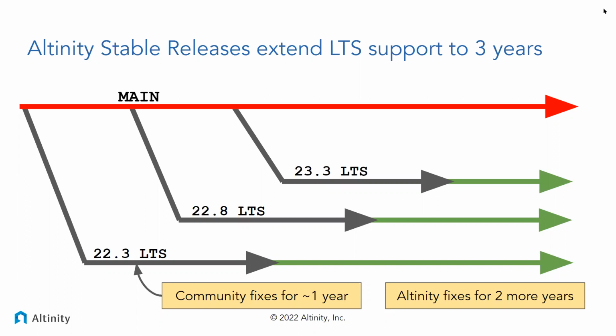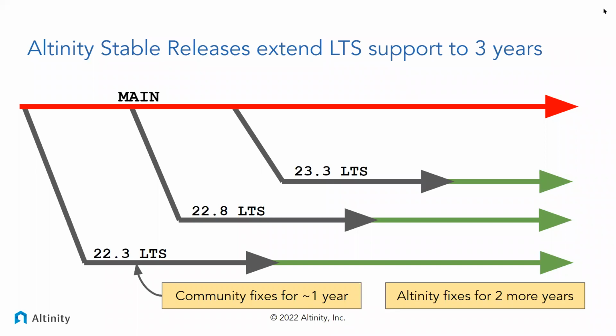So after upstream ClickHouse has stopped updates on LTS versions, we still support them for 2 more years. That means we backport features. For example, here in the graph, you can see 22.3, 22.8.